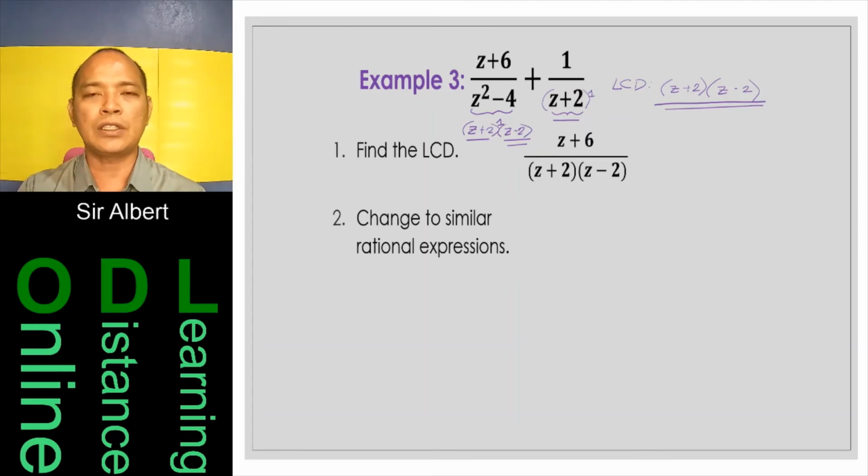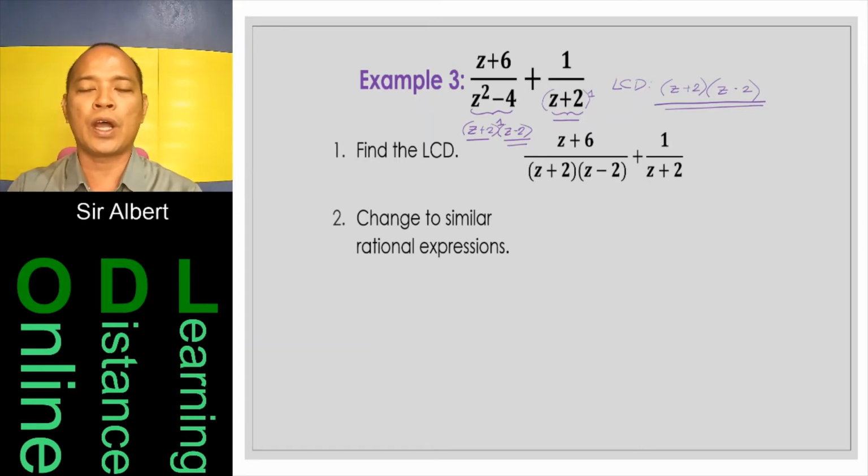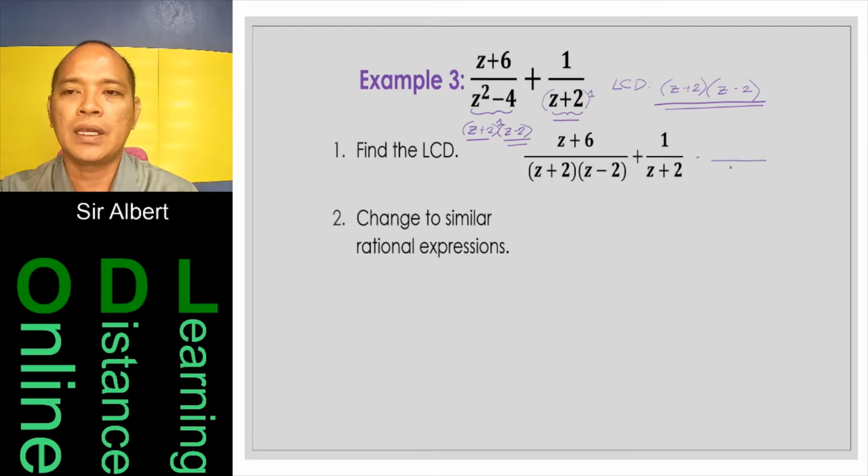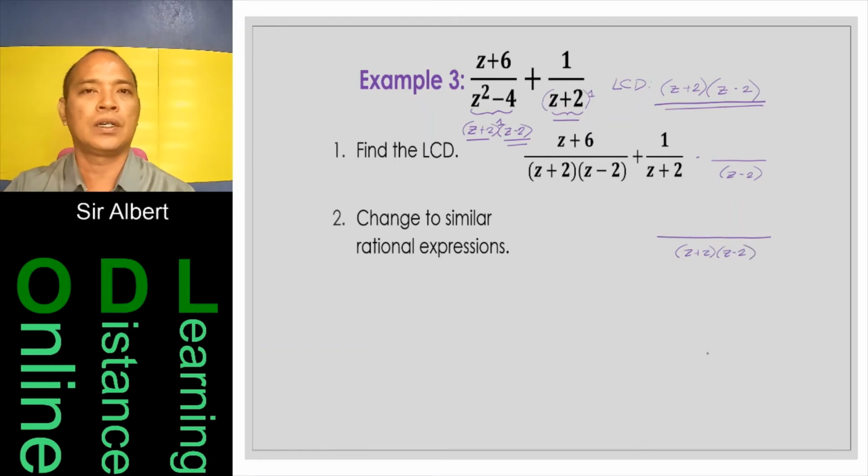So there is no need to multiply this by an expression equal to 1. Moving on with the second rational expression, which is 1 over z plus 2, we multiply this by z minus 2 so that we would end up with a rational expression that uses z plus 2 times z minus 2 in the denominator. And this denominator is exactly what our LCD is.